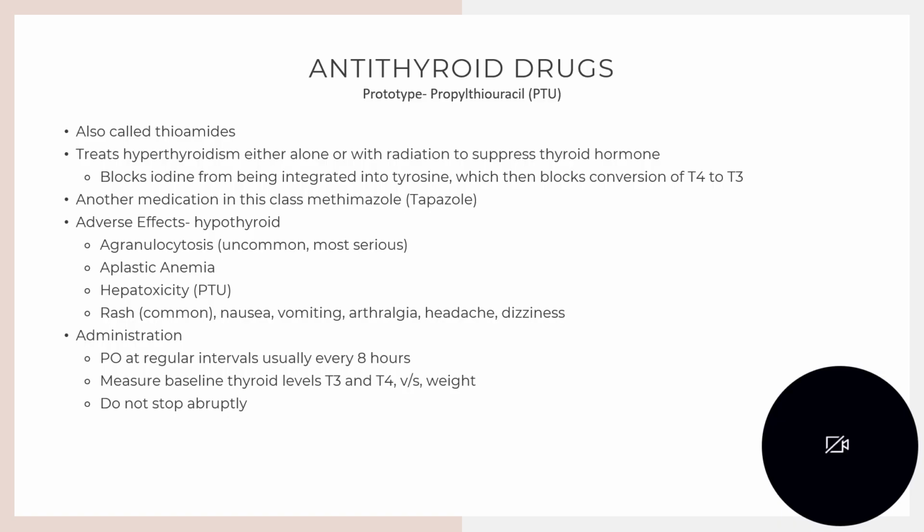Hypo, right? That's the potential complication. Aplastic anemia is also a potential complication from this. So if I am worried about aplastic anemia, what am I looking for? What would that look like?